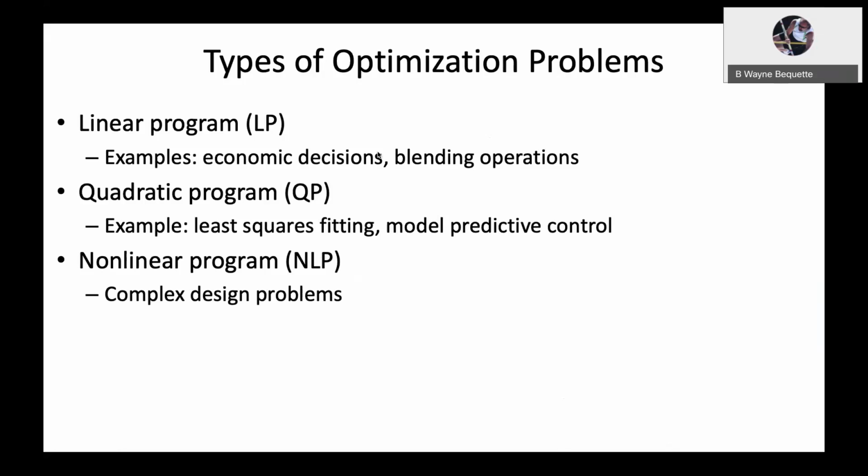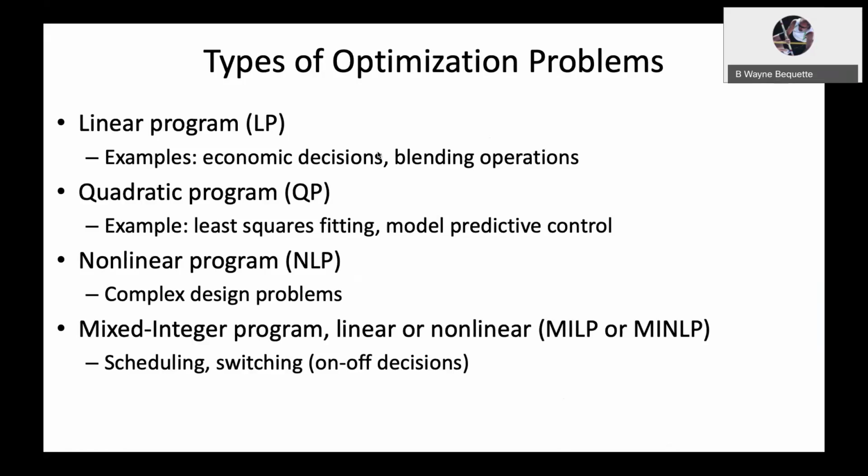A general nonlinear programming problem is for more complex design problems and can have any type of objective function and any type of equality and inequality constraints. And finally, we have mixed integer programs that can be either linear or nonlinear. You encounter those more often when you have scheduling or switching. That is, you have some discrete decisions that are on or off. Will you do this or will you do that?